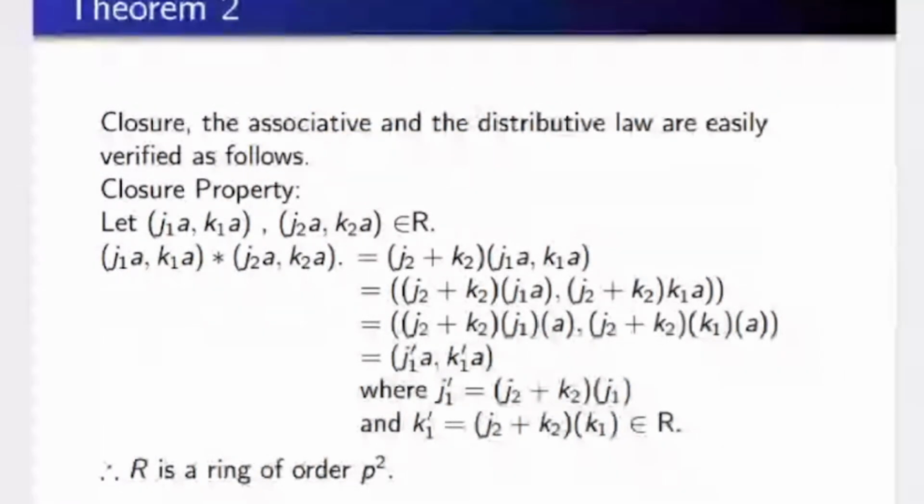Let two elements be in R as the set is defined. It can be written as J2 plus K2 times J1A, K1A.